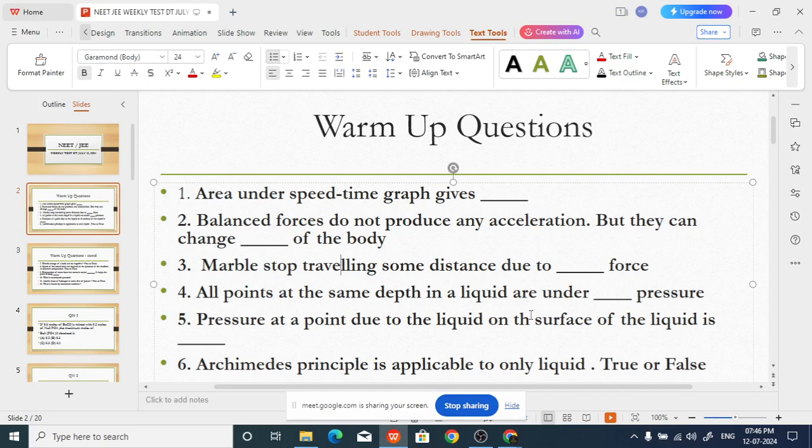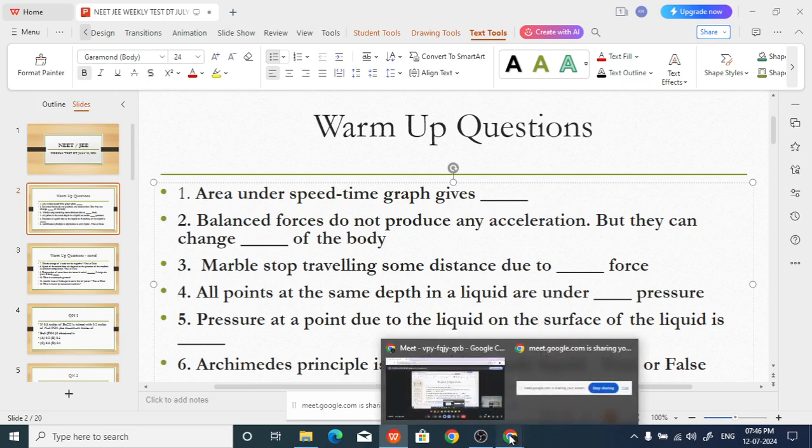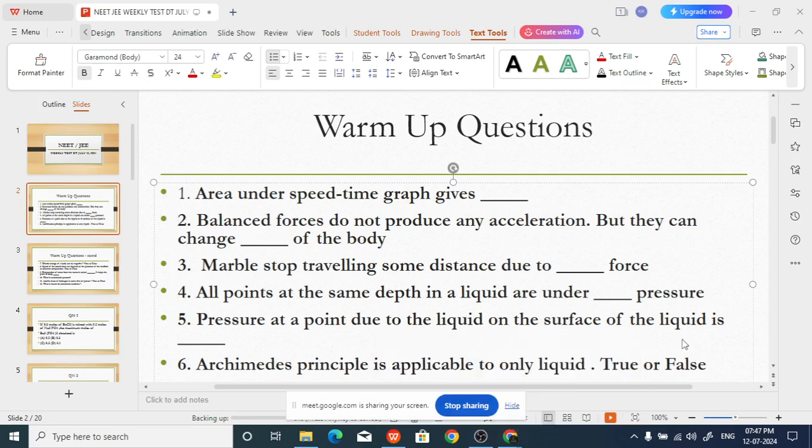Can you read question number 5? Pressure at a point due to the liquid on the surface of the liquid is... On the surface of the liquid, what will be the pressure due to the liquid? You are having a bucket of water.